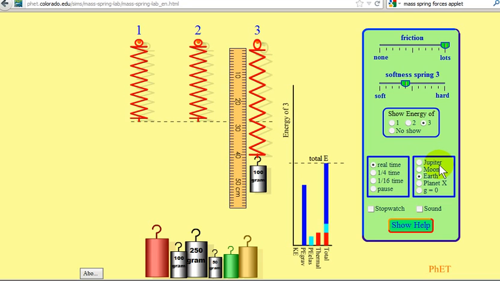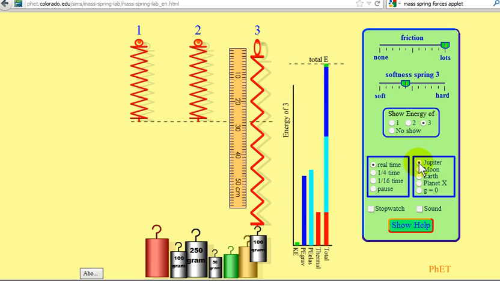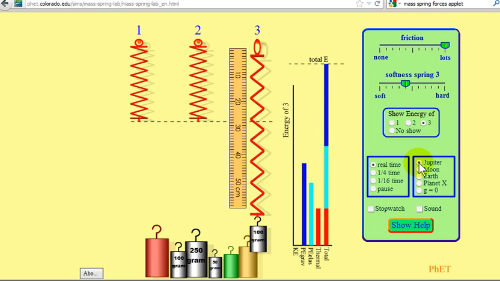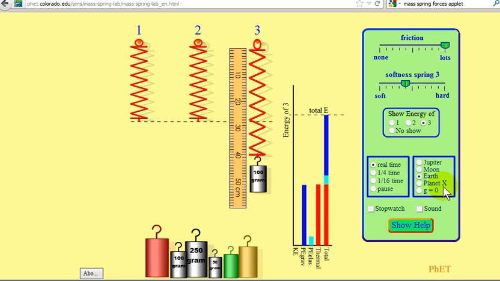On Jupiter, the weight of an object is greater than it is on Earth. Jupiter is a much more massive planet than Earth. So its acceleration due to gravity is greater than 9.81. So this object would weigh more on Jupiter. So if I select Jupiter, you can see what happens. Now we have some other unknown planet here.